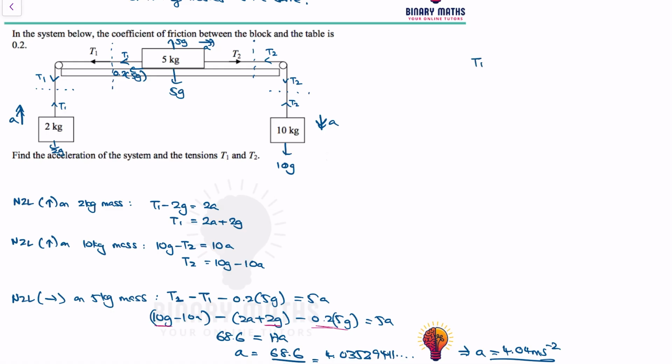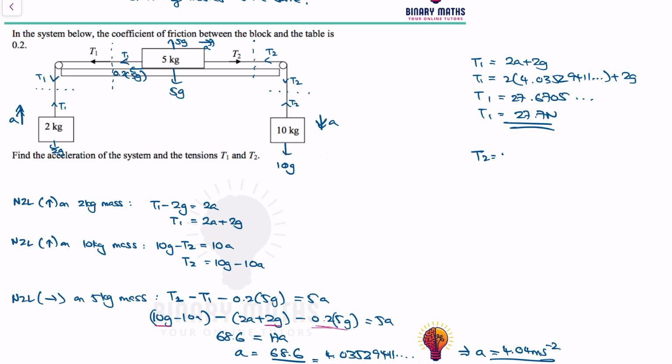So remember, T1 is equal to 2a plus 2g, which is 2 times the unrounded version, 4.03529411, plus 2g. When you put this into a calculator, you get 27.6705, which means T1 is equal to 27.7 newtons.